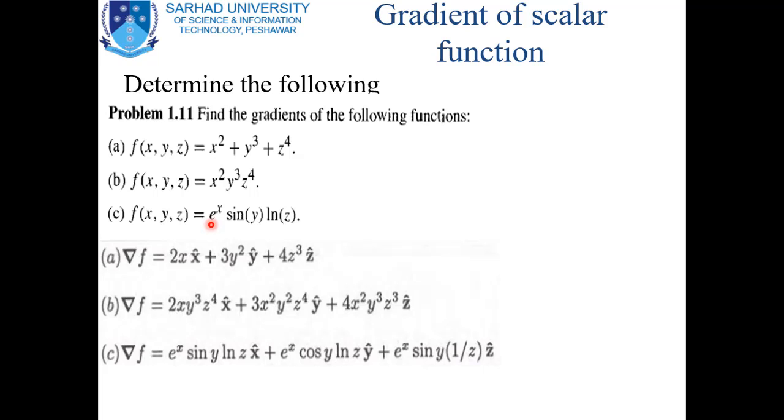So if we differentiate e to the x with respect to x, we will have e to the x, and then sine y and log of z. These are constant with respect to x, and we will put x cap, plus the derivative of sine with respect to y is cos, so we will have cos y, and the x and z terms are constants with respect to y.